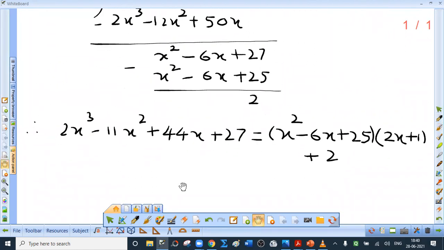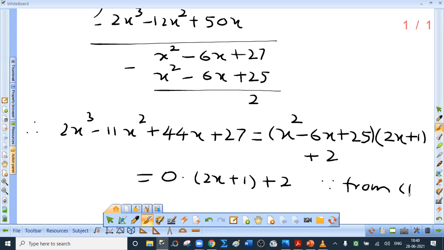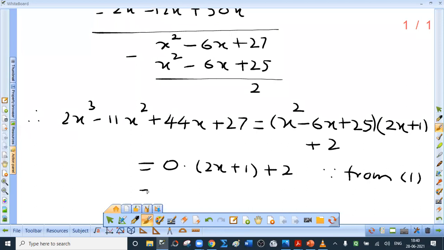Actually, it is not proper to say divisor equal to 0. The value of this expression is 0 multiplied by 2x plus 1 plus 2. The reason for this, from above, the value of this expression is 0. So what is the final answer? Final answer is 2.